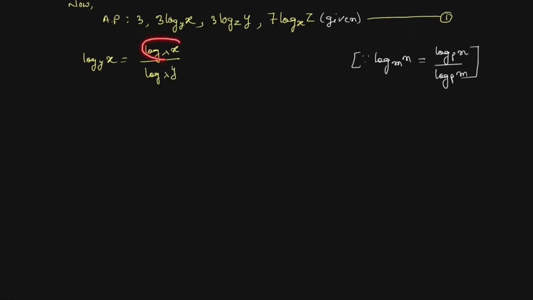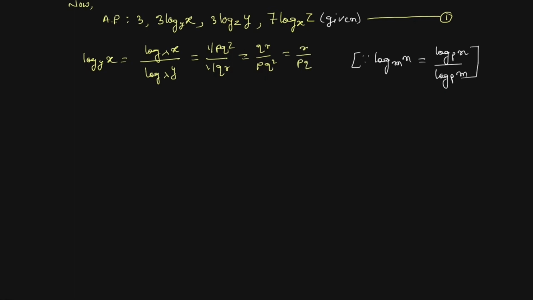So we know the value of log base lambda of x and log base lambda of y, which we find above, which is equal to 1 by pq square divided by 1 by qr, which we able to write qr divided by pq square, which is equal to r divided by pq.